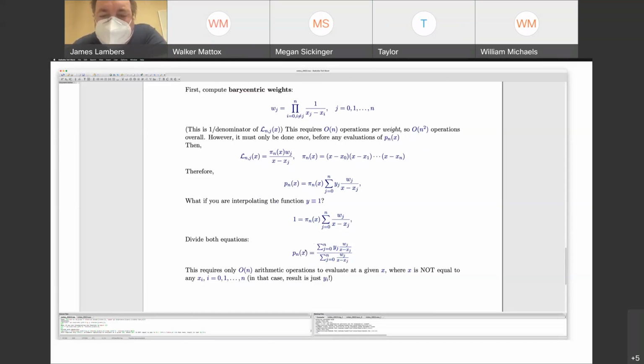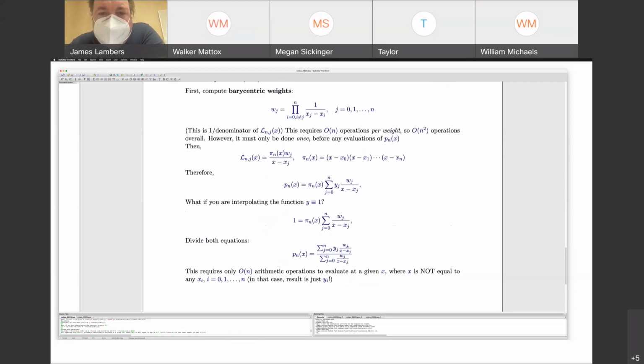But if x is equal to one of the interpolation points, you know what the value is supposed to be. It's supposed to be the corresponding y value. So for all other x's, you can just use this. And once you've computed the weights, you do that up front, then to implement this formula requires only order n arithmetic operations. So it is far more efficient to evaluate the Lagrange polynomial this way than the way it was written earlier.